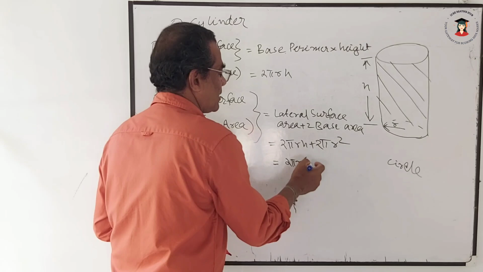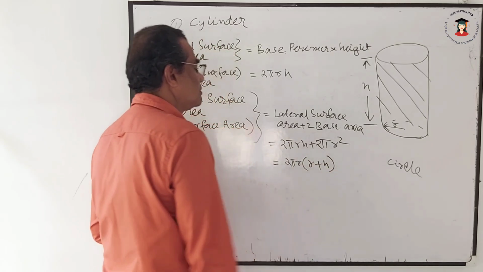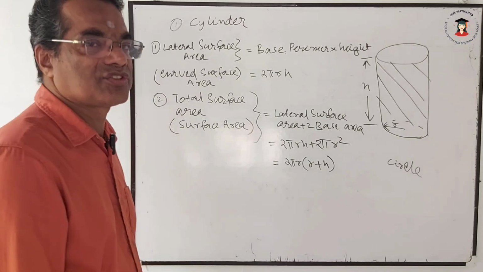Here we have an r and here we have an h. So this is equal to 2 pi r into r plus h.